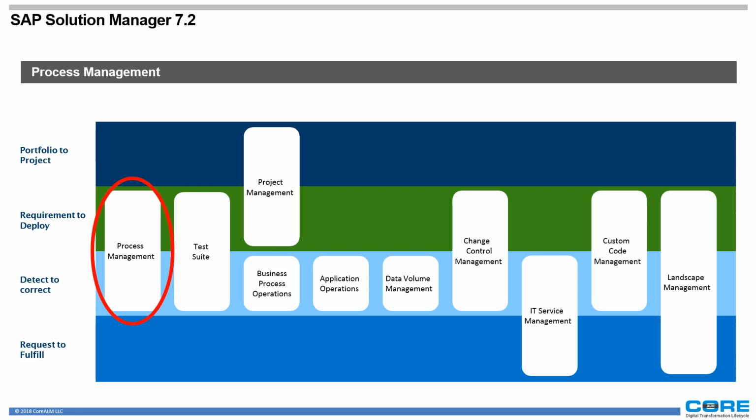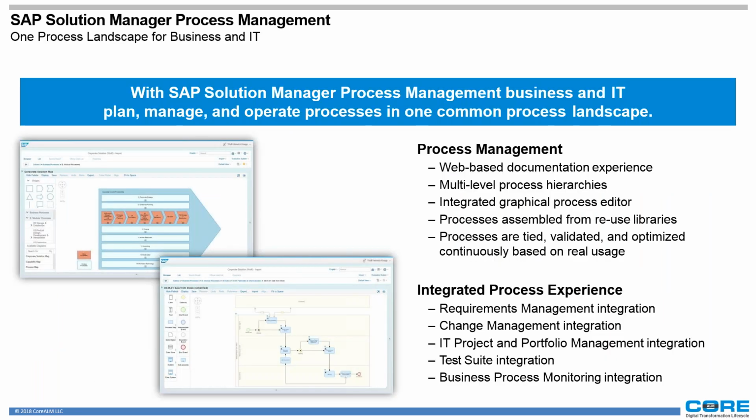So the first capability we're going to talk about today is process management. And with process management, what SAP is trying to do and has tried to do is provide a tool to the end user or to the business to be able to manage your process from an end-to-end perspective.